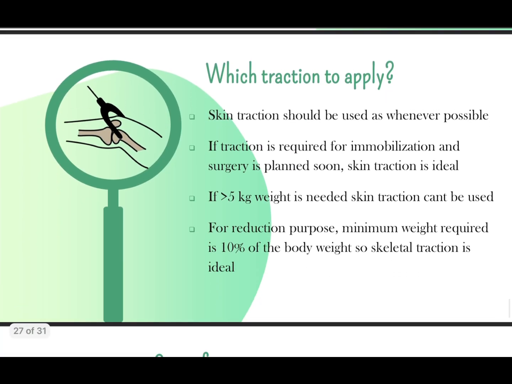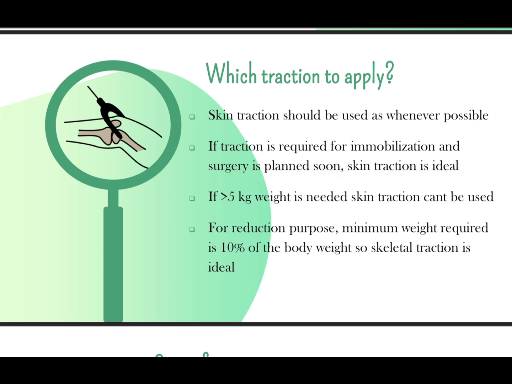Now let's talk about which traction to apply when. Skin traction is preferred whenever possible because it has far fewer complications and it is a non-invasive procedure. If traction is required for immobilization purposes and surgery is planned soon, then we use skin traction.